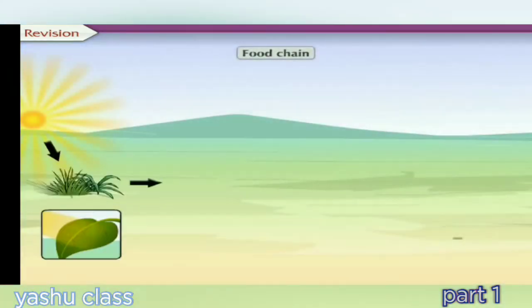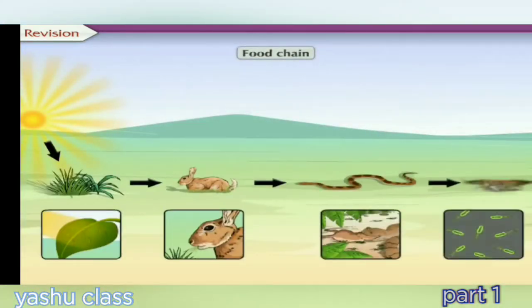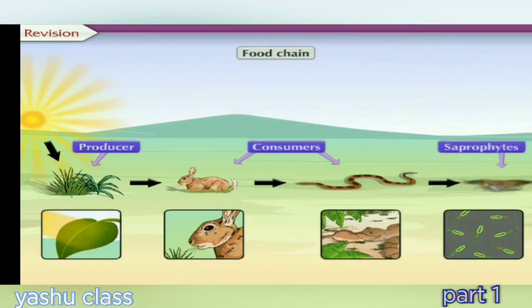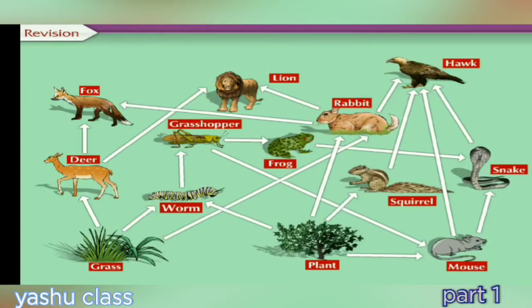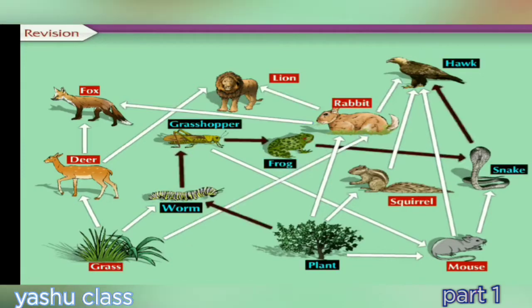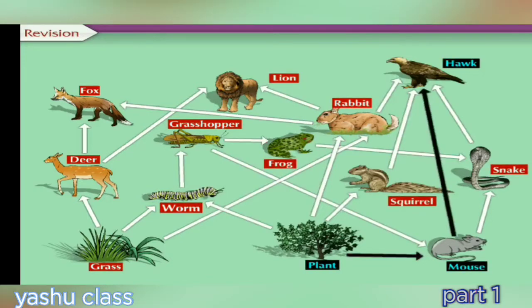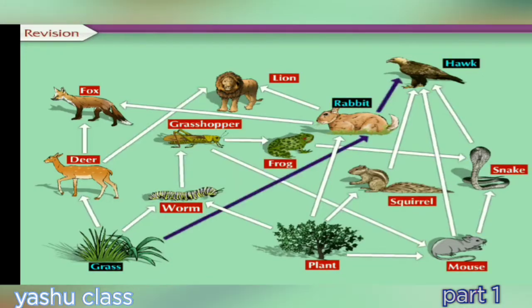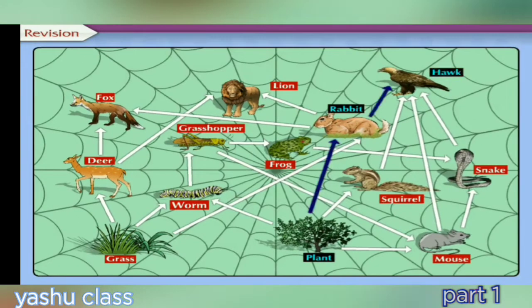A definite sequence of interactions that go on continuously between the producers, consumers, and saprophytes is called a food chain. An ecosystem consists of many food chains that are interconnected at various levels. This interconnected network of food chains together forms a food web.